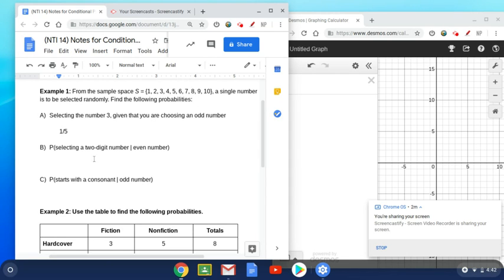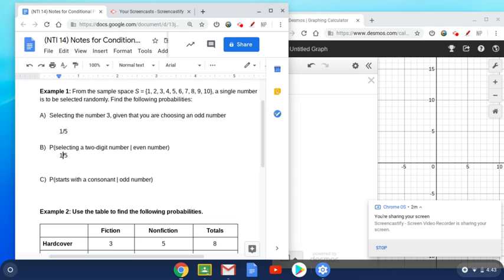Because that's my condition. Only 5 of them. So the bottom of my fraction is going to be 5. The bottom of your fraction is always whatever comes after the line. Out of those 5, so 2, 4, 6, 8, and 10 are my 5 even numbers, how many are 2 digits? Only one of them. So the probability of selecting a 2-digit number, given that it's an even number, is 1 out of 5.